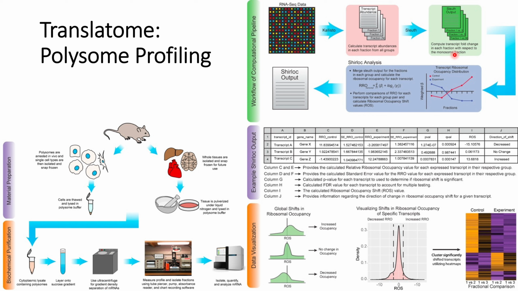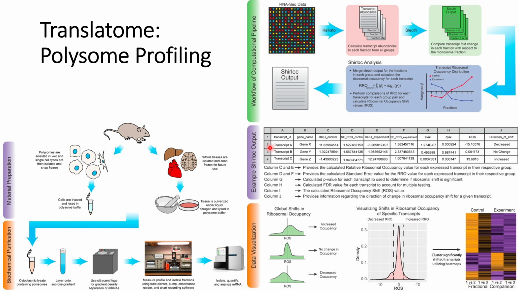Later on they will compute with respect to monosome in order to identify which transcript has ribosome bound to it, and then they will plot this graph, the ribosomal occupancy distribution, and compare it with control. As we can see, this is the control experiment, and this is the actual experiment. We can see that there is a decrease in the shift of ribosomal occupancy, and later on this output can be generated in the form of a table, and one example of the table is shown here.